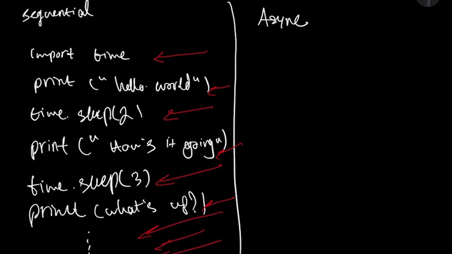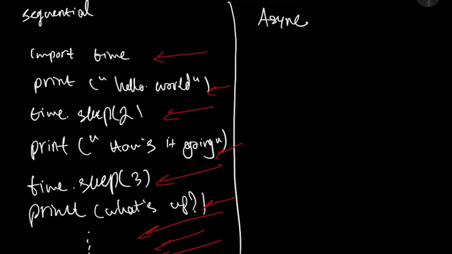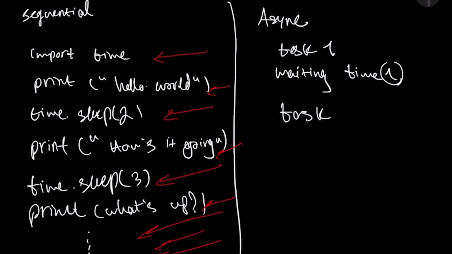However, on the other side, if we consider the same functions as we have here, what if while we are waiting, when we have a waiting time 1, so I would say run task 1 and then wait for task 1 to finish, then go to task 2, then you have another waiting time 2.